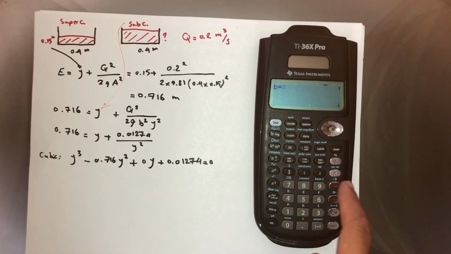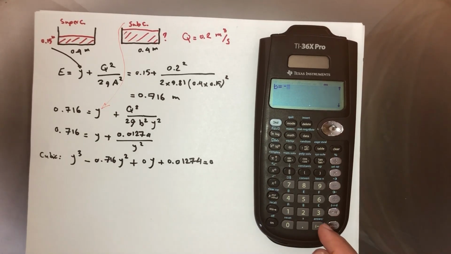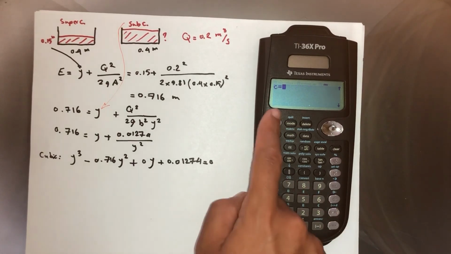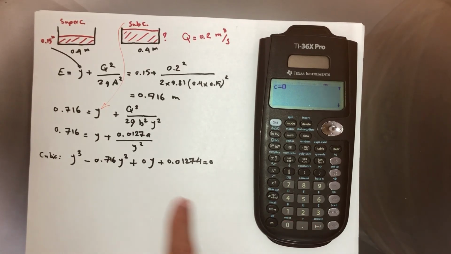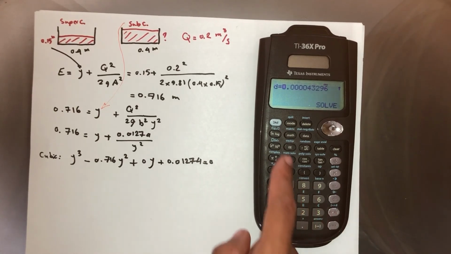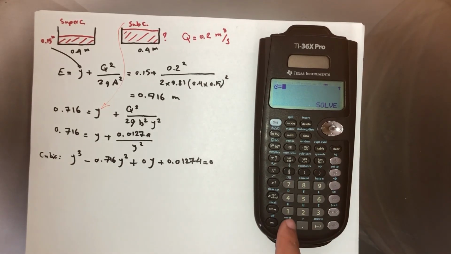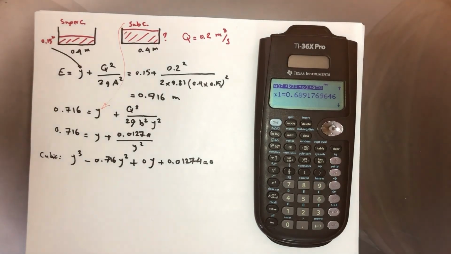I have minus 0.716. For c, be sure you do this right. That's 0. And lastly, I have this. So check everything and then enter for solve. It gives you all the roots.